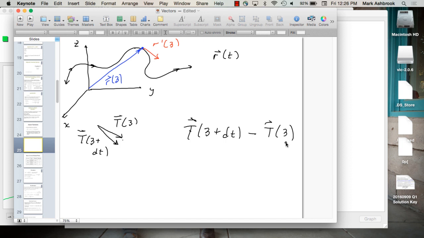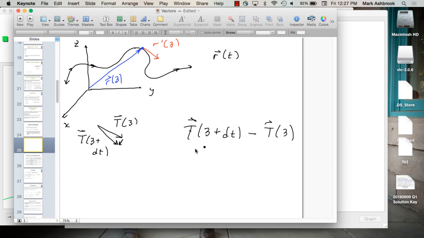Paul, can you tell me what that would be? That'd be a vector going from the tip of T of 3 to the tip of T of 3 plus dt. Yes, so the final minus initial, right? So it would be the other way, right there. See that? So I'm going to take that vector.